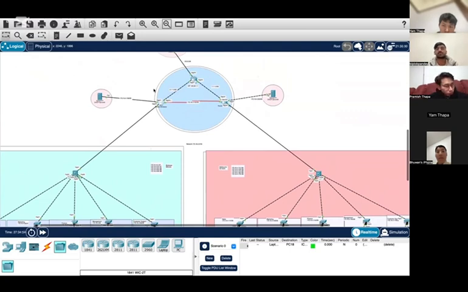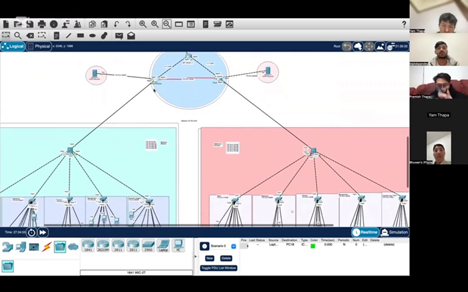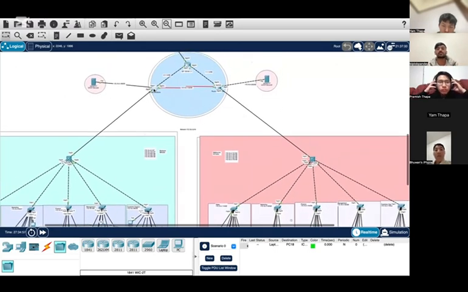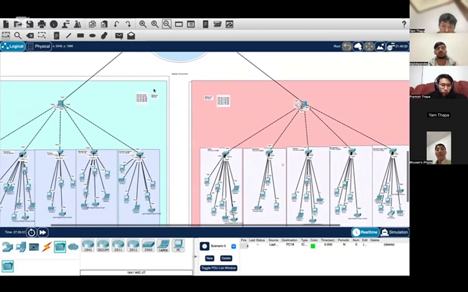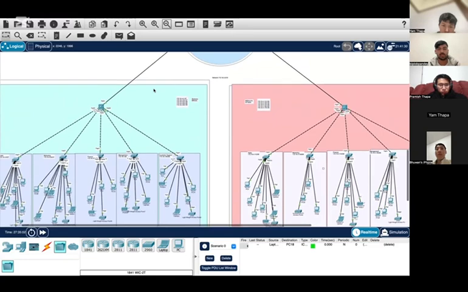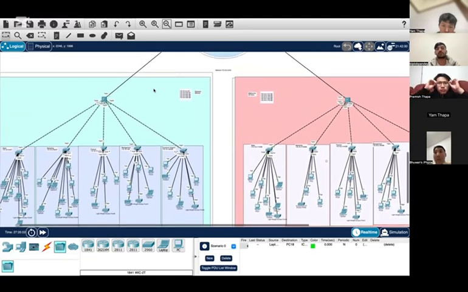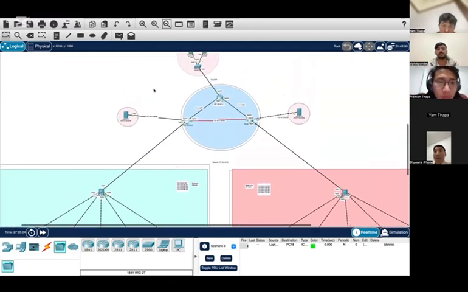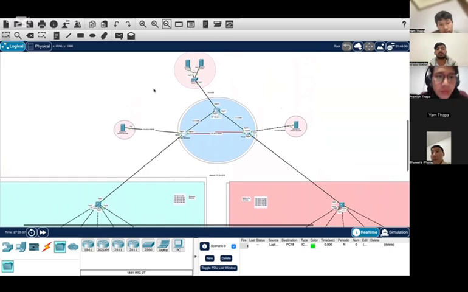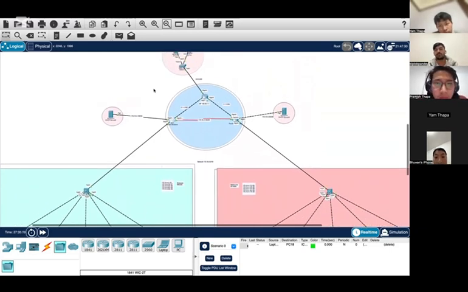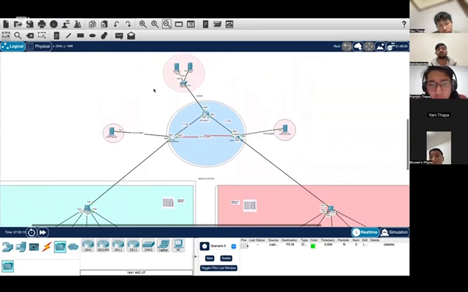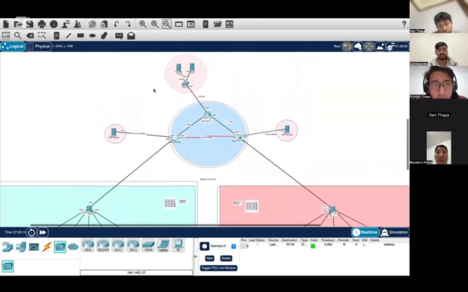Across both sides, we have deployed two routers and two distribution switches, four access switches, and multiple PCs which are categorized by the departments, and also two DHCP servers, one at each site. The routers are configured to handle internal and external traffic with NAT enabled to provide secure internet access.